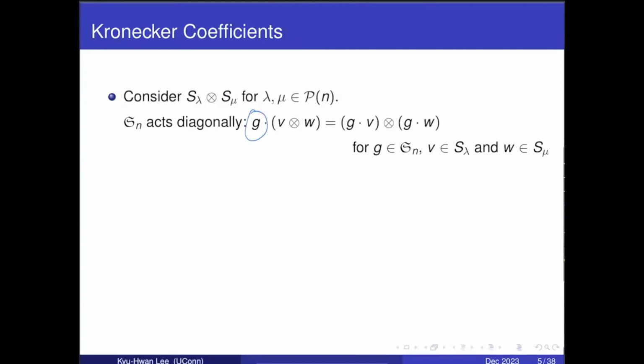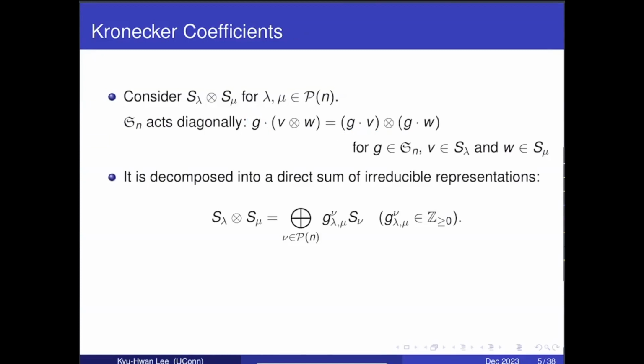And now we can define Kronecker coefficients. Consider the tensor product of two irreducible representations. The action of the group element is diagonal like this. Then this is a representation of Sn. It's finite dimensional, so it is decomposed into a direct sum of irreducible representations.